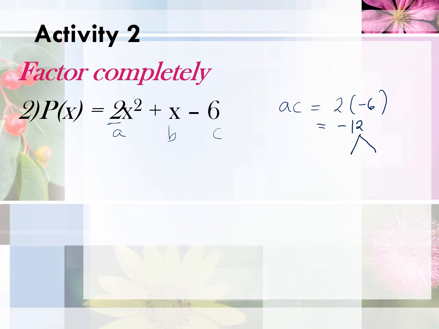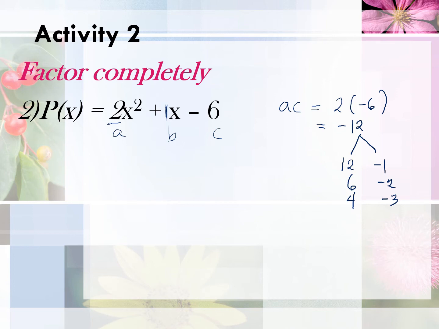So ang factor niya, dapat ang sum ay positive 1, tapos ang product ay negative 12. So since positive yung sum, tas negative yung product, ibig sabihin mas mataas yung absolute value ng positive number. So i-factor natin, we have 12 tsaka negative 1, 6 tsaka negative 2, 4 at tsaka negative 3.